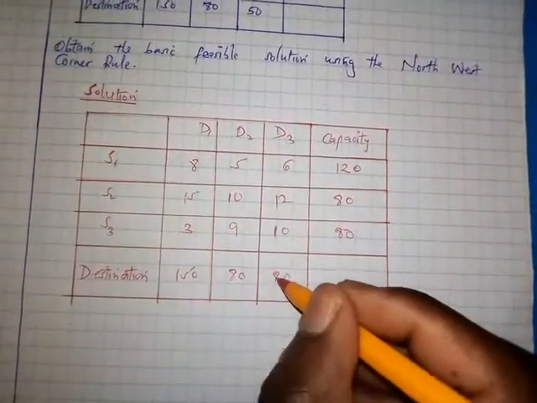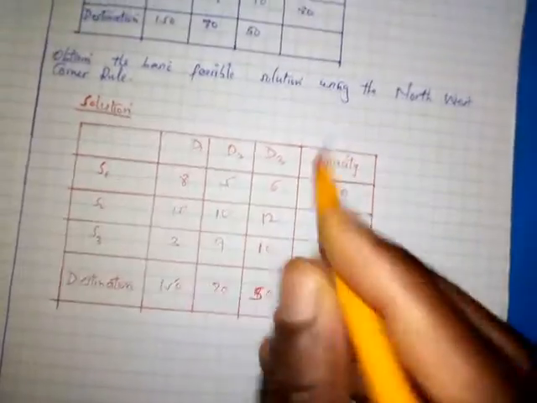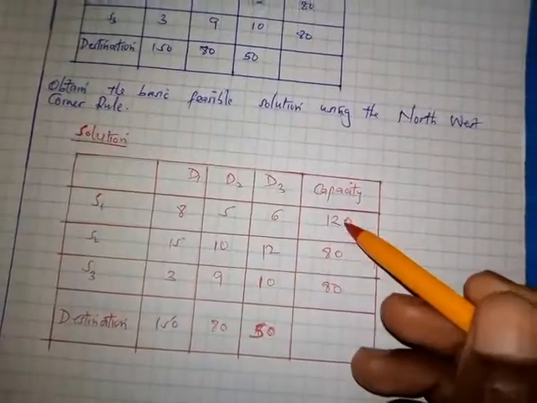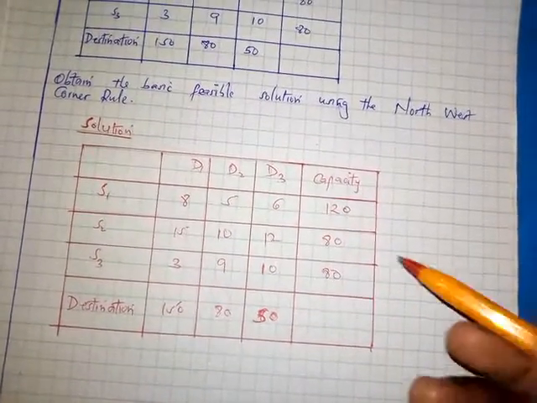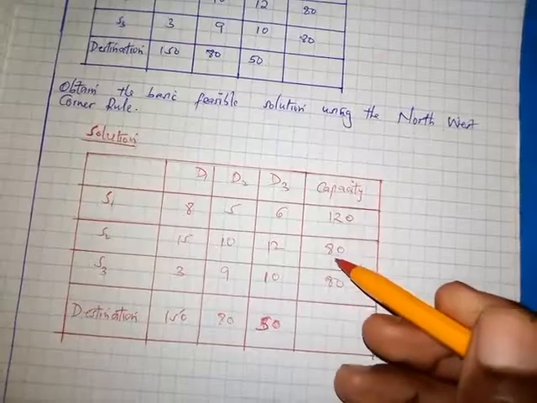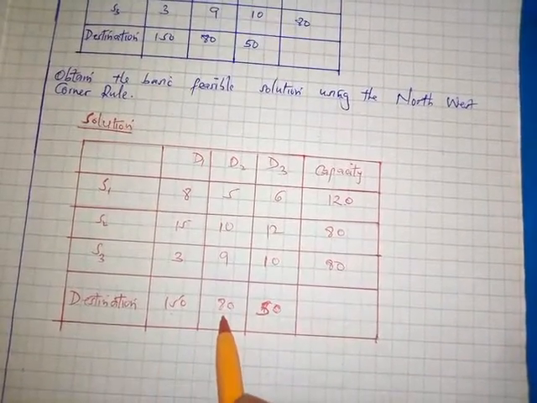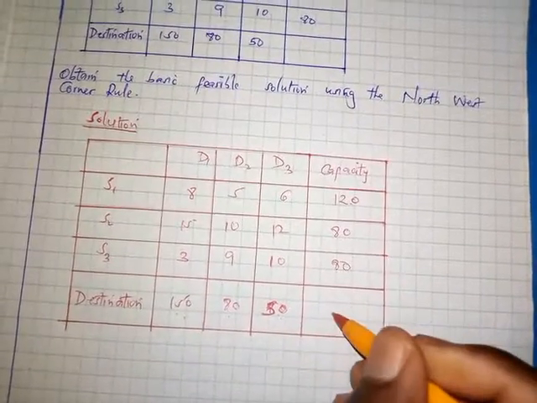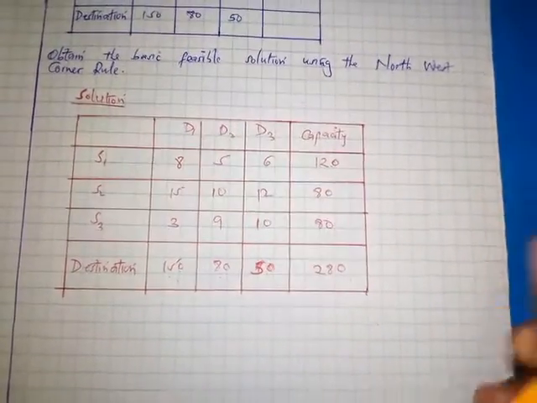Oh, here is 50, not 80. Sorry for that. Here is 50. So we add 120 plus 80 plus 80. This is 280. Then 150 plus 80 plus 50. This is 280. So it is balanced. 280 is balanced.